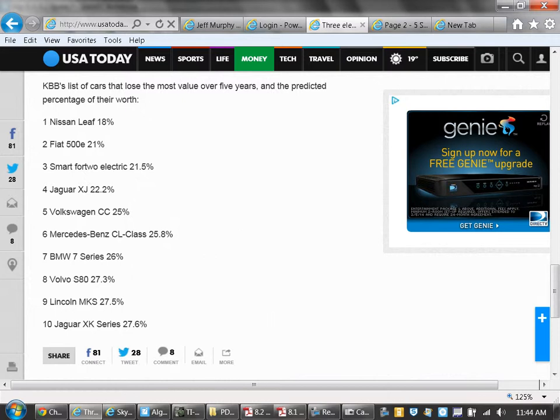So other things that depreciate really fast as far as cars are concerned are very expensive cars. You know, Jaguars, the Mercedes, the BMW 7 Series, the CL classes, those are some of the real high-end cars. The 7 Series for BMWs, that's like their top-of-the-line ones. Some of those things are $110,000 for a BMW 7 Series.